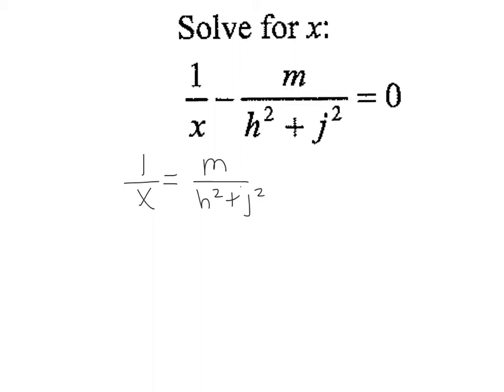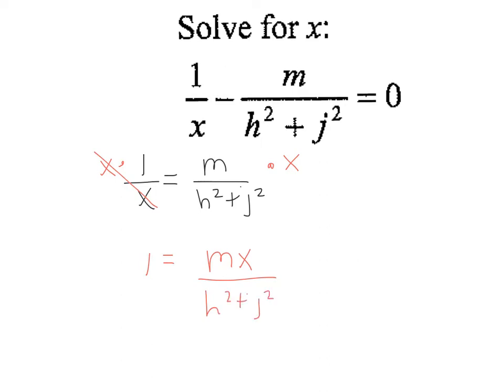So to solve for x, I'm going to multiply both sides by x in order to get my x out of the denominator. So this is going to be 1 equals mx, that's my numerator, over h squared plus j squared.